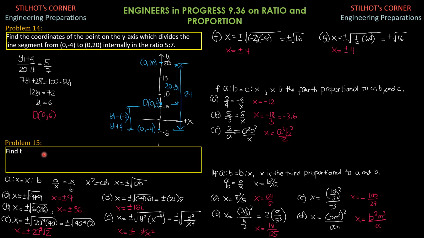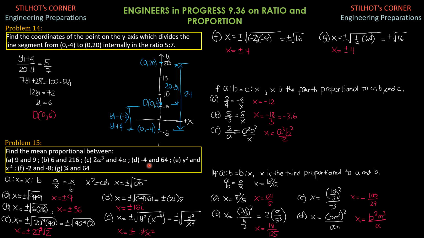So problem 15, find the mean proportional between A: 9 and 9, B: 6 and 216, C: 2a cubed and 4a, D: negative 4 and 64, and E: y squared and x to the negative 4, F: negative 2 and negative 8, G: 1/4 and 1/64. So this is the guide.